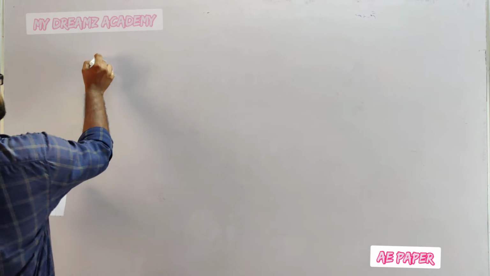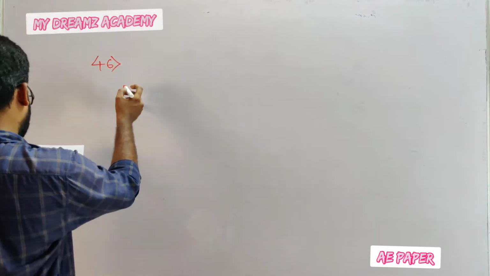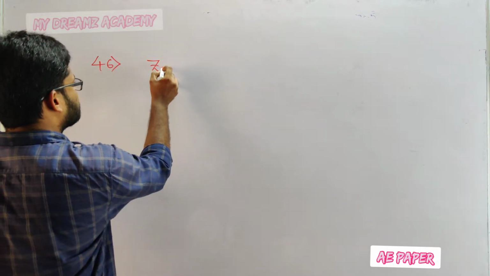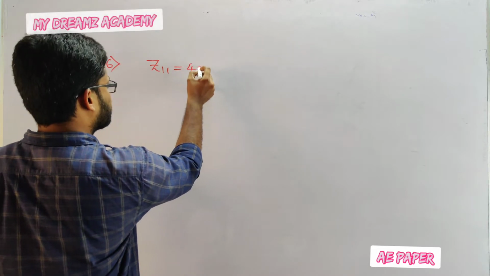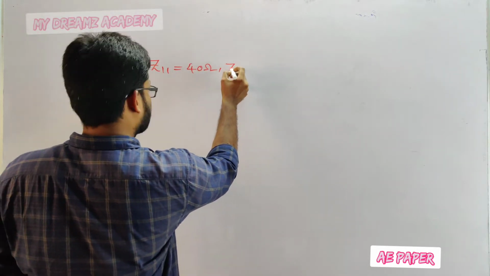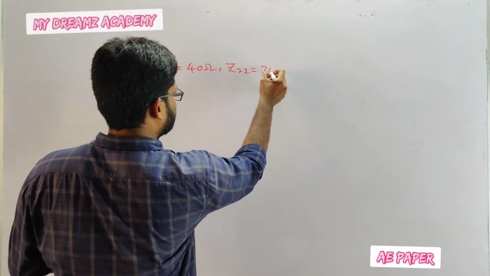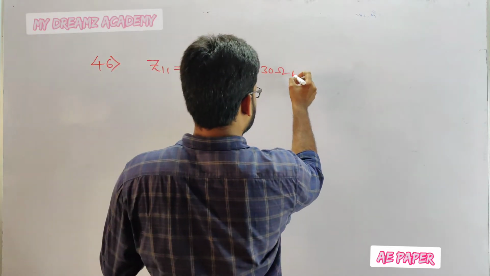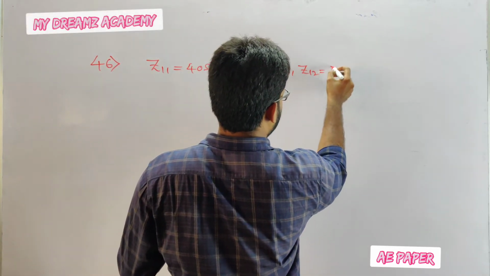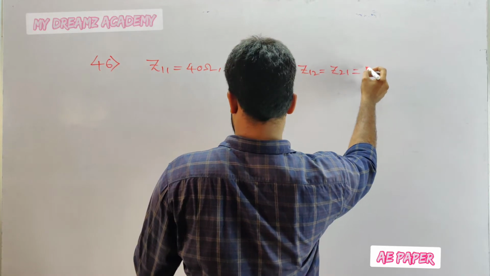Question number 46, that is Z parameters. Z11 is equal to 40 ohms, Z22 is equal to 30 ohms, Z12 is equal to Z21, which is equal to 20 ohms.